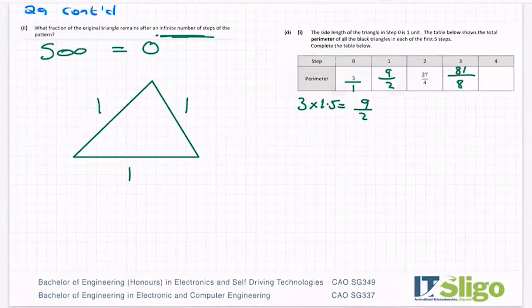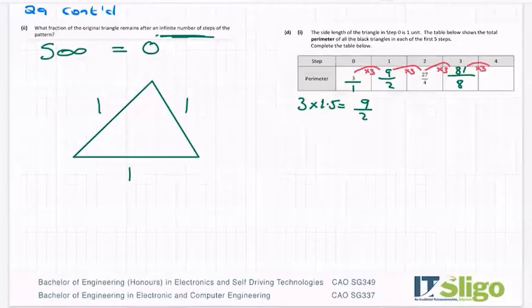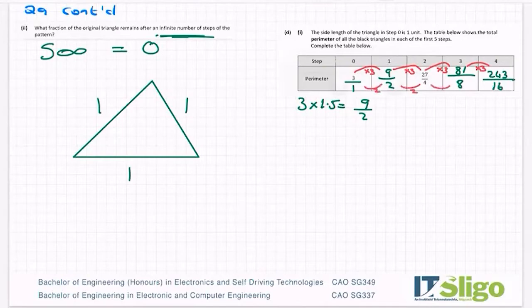So on the top, it's a by 3 each time. So 81 by 3 is 243. And on the bottom, 16, so it's a by 2, a by 2, a by 2, and a by 2. And that just might be an easier way for working it out.